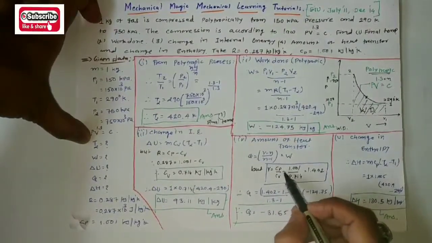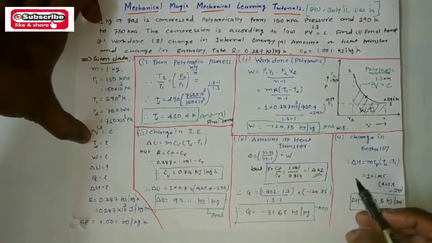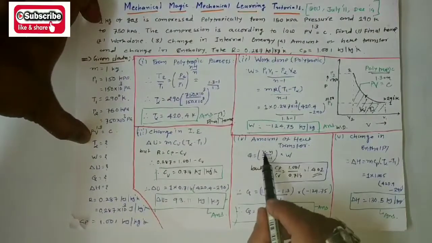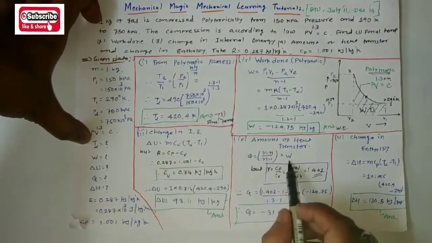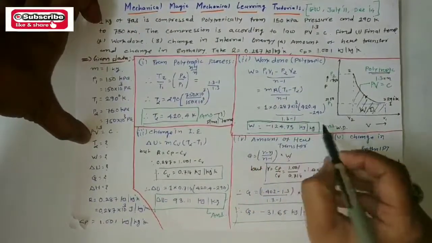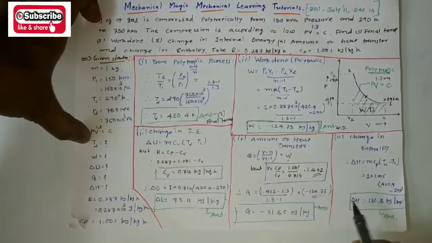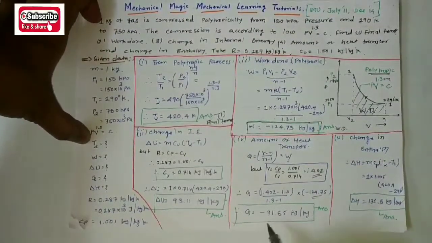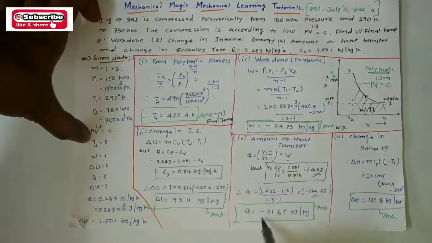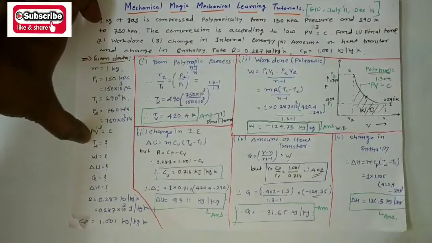Just put the values of Cp and Cv and you will get gamma, which is 1.402. Then put the values of gamma and work done, which is already calculated from above, and you will get the amount of heat transfer, Q equal to minus 31.65 kilojoule per kg.